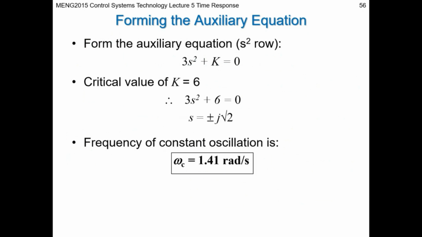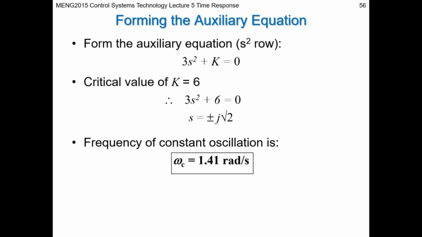So let me go back to my actual prepared PowerPoint and see. Well, I did all this already. So we have the frequency, having determined that this is a complex root or an imaginary number that we get for s at this state of marginal stability. Then we can identify that our frequency of oscillation is root 2.